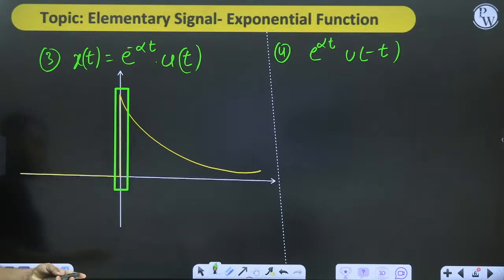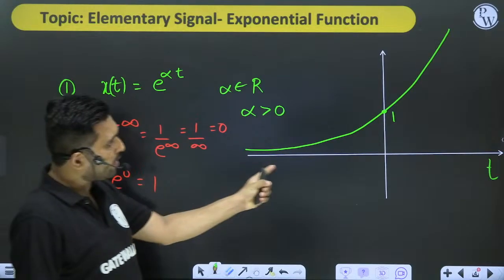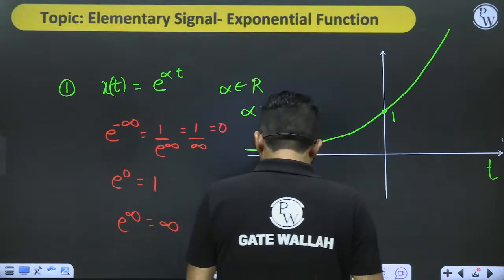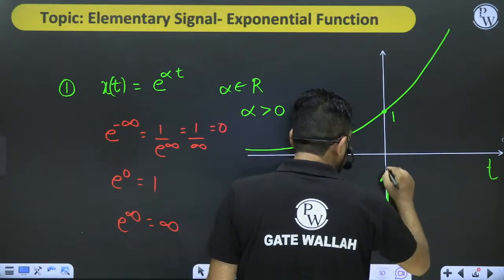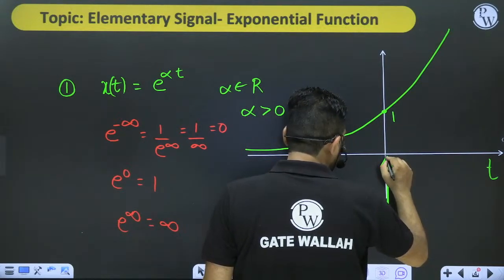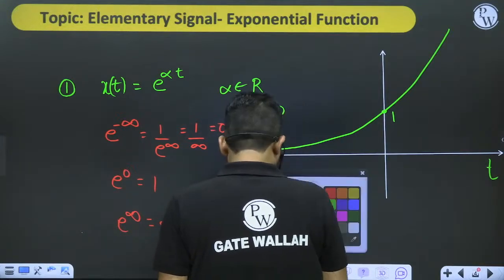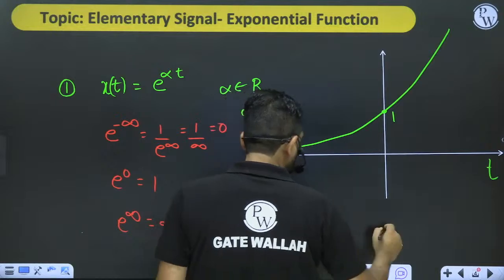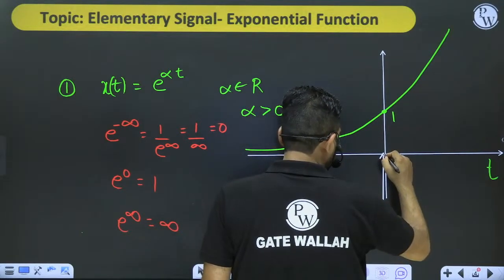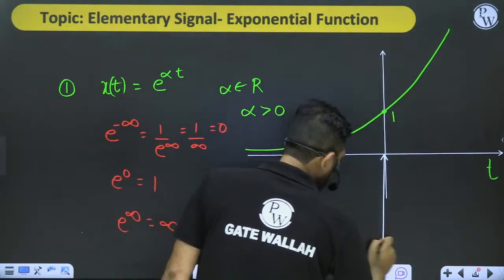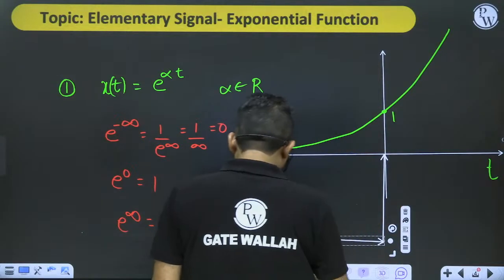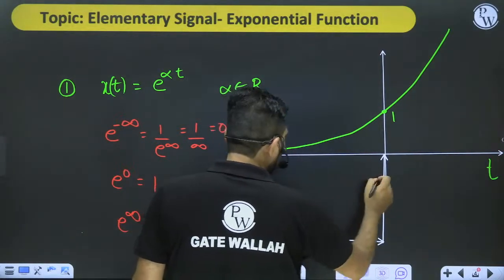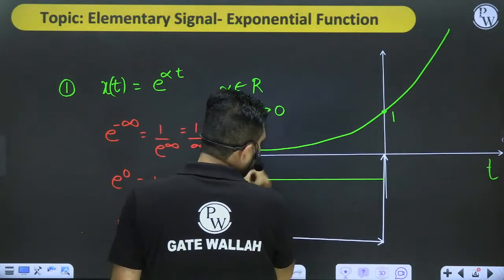E to the power alpha t plot, I already plotted this one, and if I multiply it with u minus t, then I will get this one.